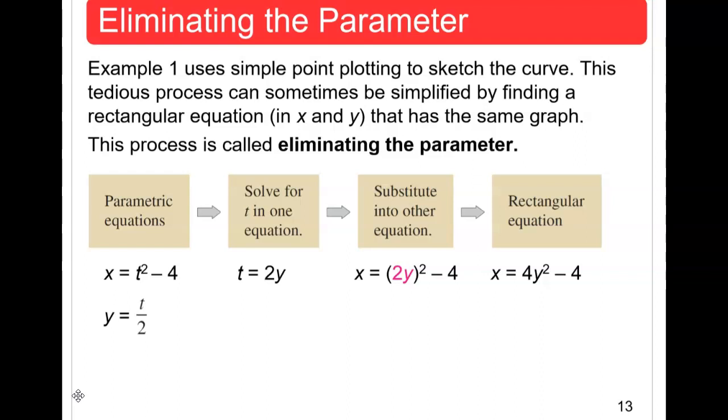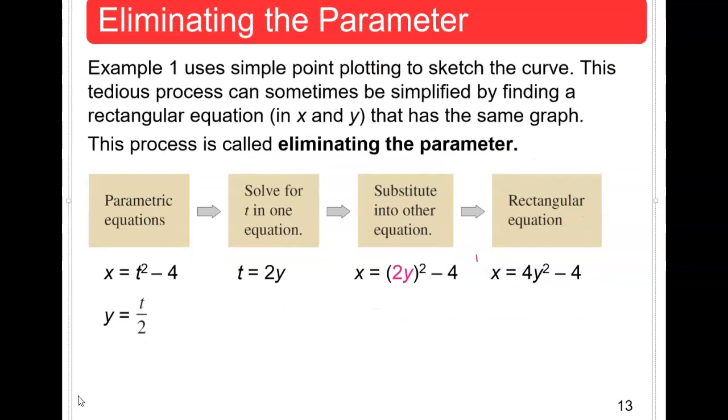It was like we were doing substitution for two different functions, and it's a little lengthy and tedious. That's why we have this eliminating the parameter tool. If we do that, we could arrive at just one equation, and then we could do some substitution once instead of doing it in two equations.